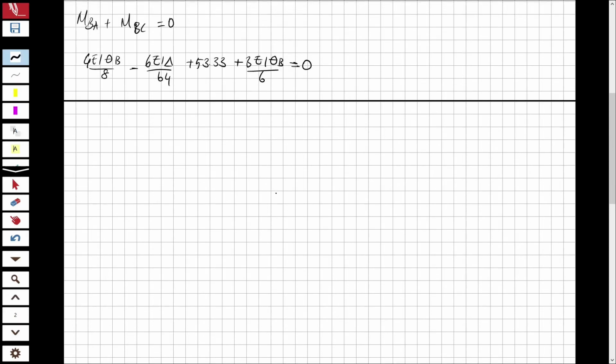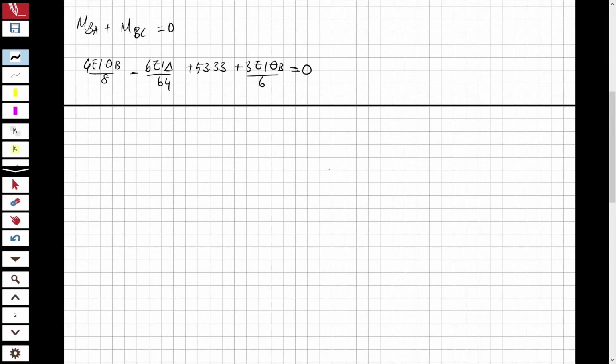So I need another equation. How am I going to find it? I'm going to find this equation from the shears. For example, this is my column part.